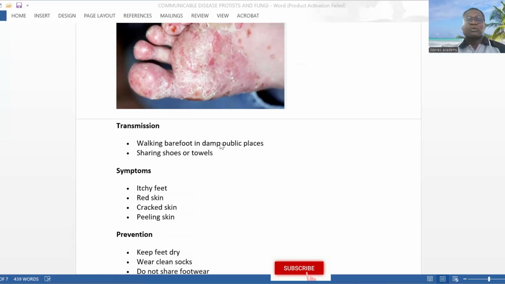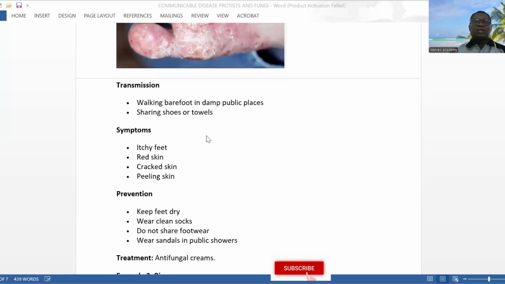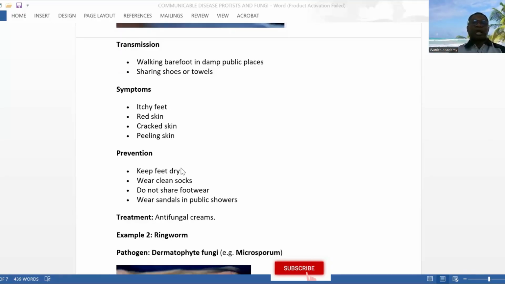Such waters harbor the fungus that causes athlete's foot. Symptoms include itchy foot, cracked skin, peeled skin, or red skin. Of course, it can be prevented by keeping a dry environment and walking on a dry floor.